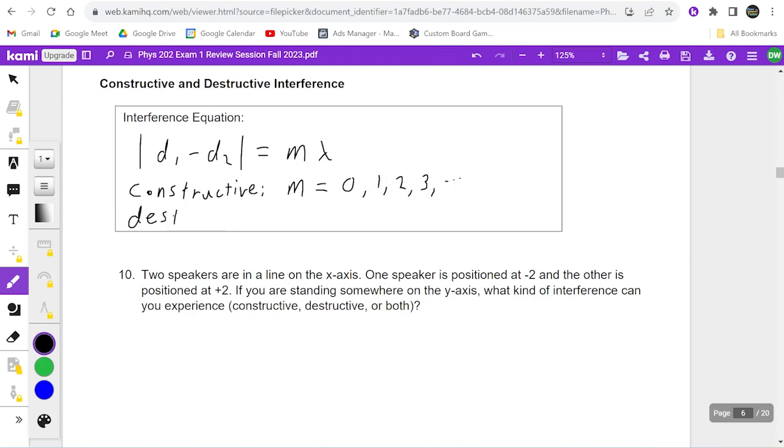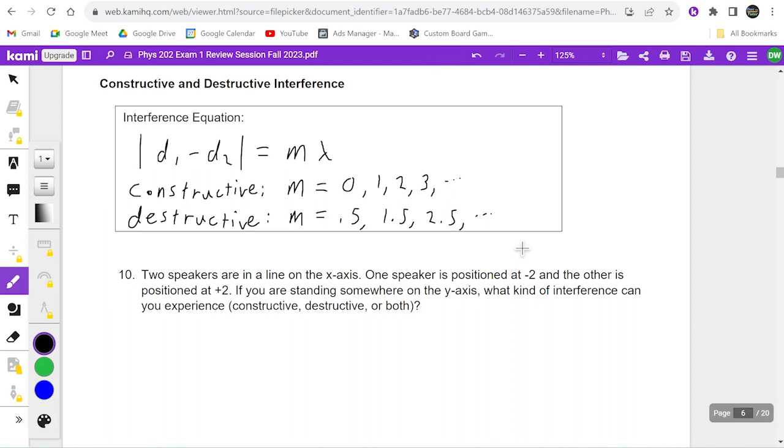And then if you want destructive interference, then just do m as the 0.5 values. For instance, 0.5, 1.5, 2.5, etc. That's how I solve these problems, and it makes my life a heck of a lot easier.